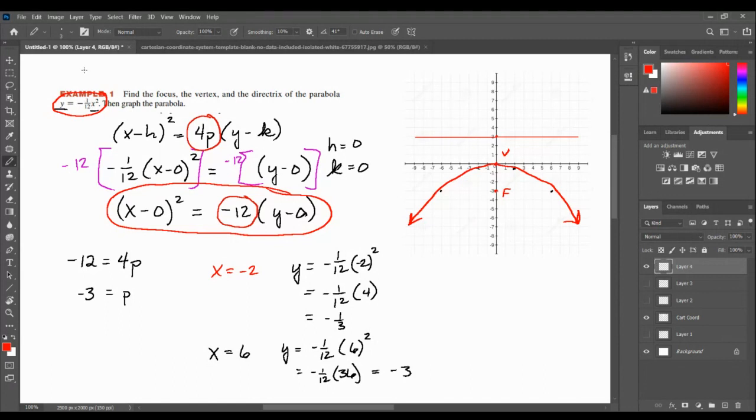They did ask us to graph it here at the end. But the focus is that point right there, 0, negative 3. The vertex is 0, 0. The directrix is a horizontal line at y equals 3. So now we've found everything that they asked us to find, and we went ahead and graphed this particular parabola.